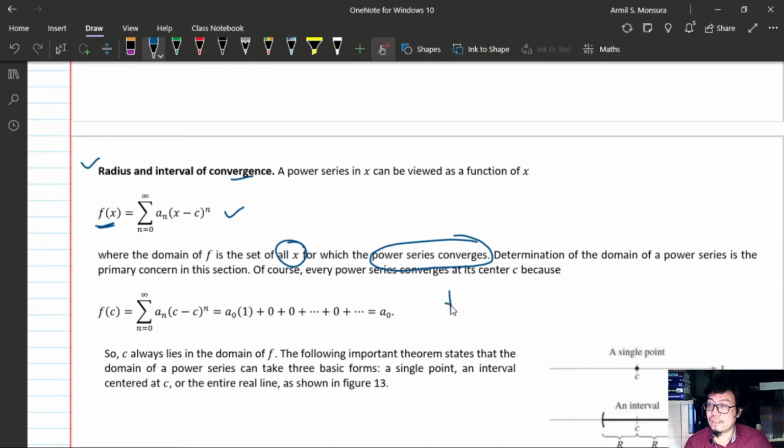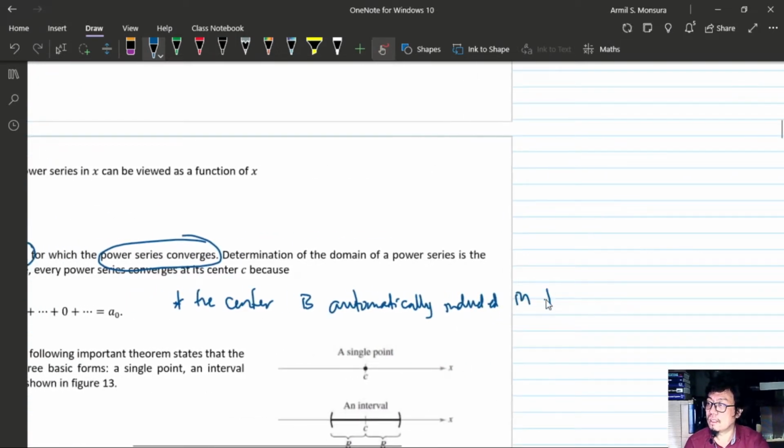So the center is automatically included in the domain of the power series. The reason for that is that all power series converge at the center. You have to remember that point.